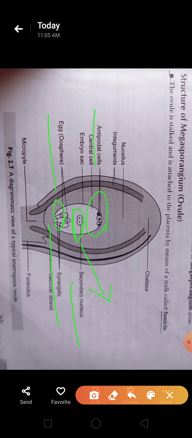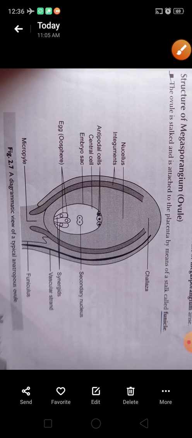Okay, clear? So this event is known as double fertilization.